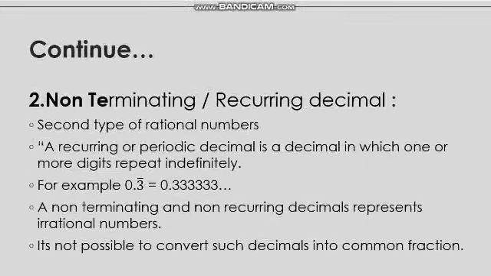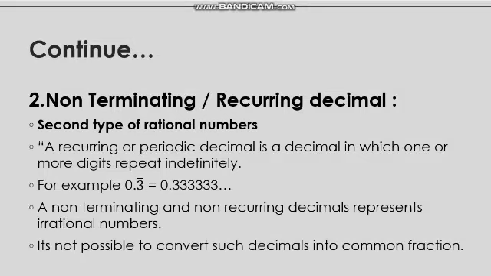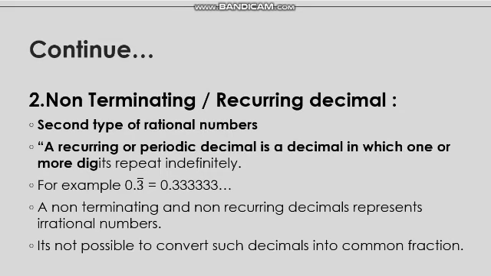And the second type of rational number is non-terminating, or we can say a recurring decimal. A recurring or periodic decimal is a decimal in which one or more digits repeat indefinitely. Means these numbers cannot be ended, but they repeat with the same pattern.